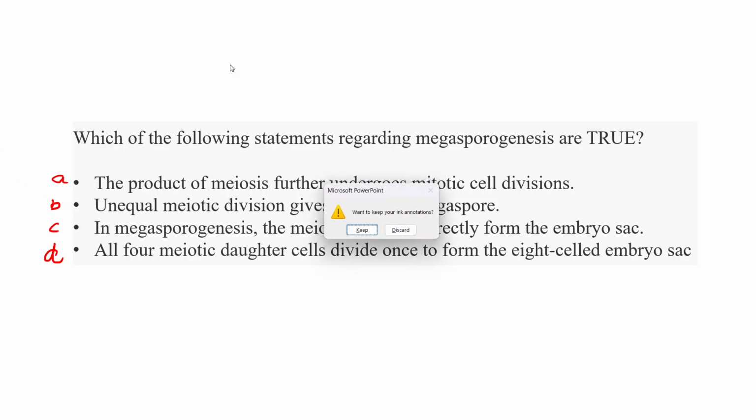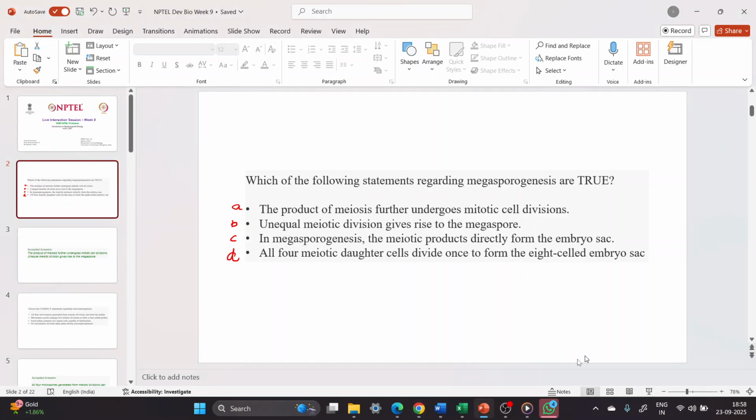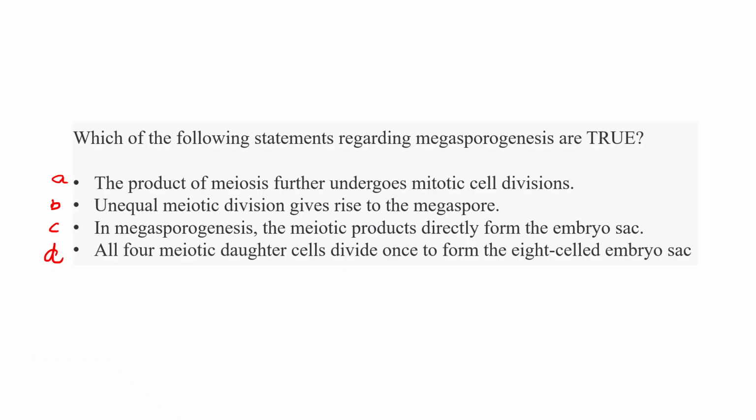Okay, so let us discuss this question. Which of the following statements regarding megasporogenesis are true? First of all, what is megasporogenesis? Megasporogenesis is observed in angiosperms.